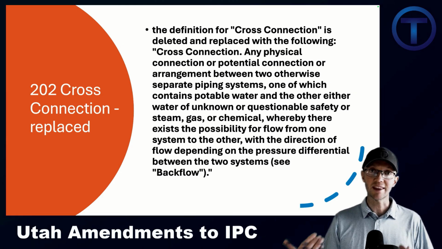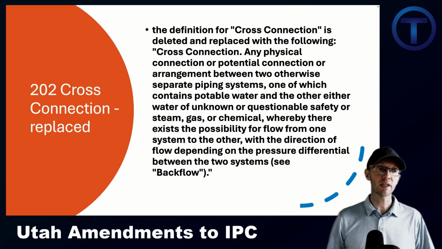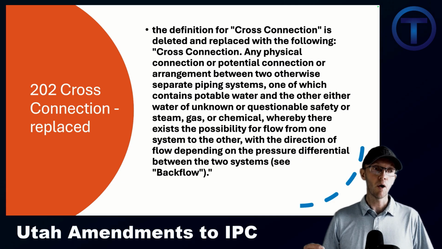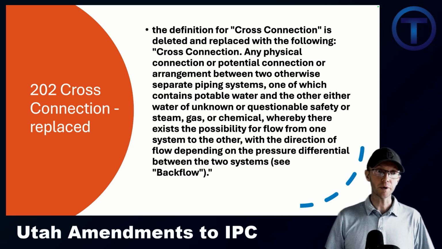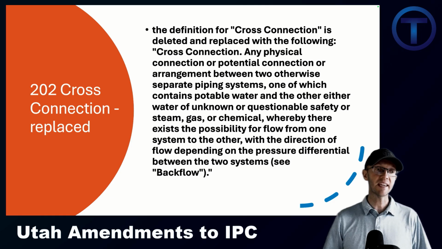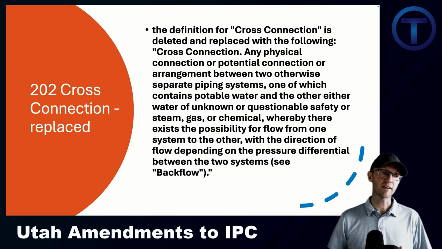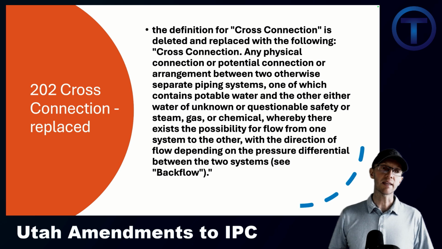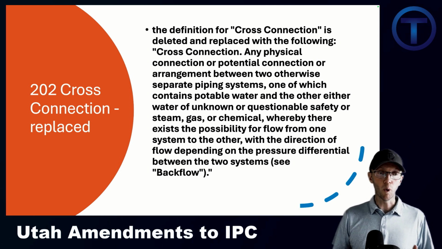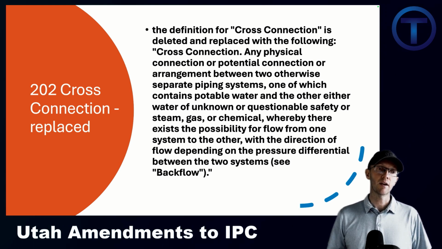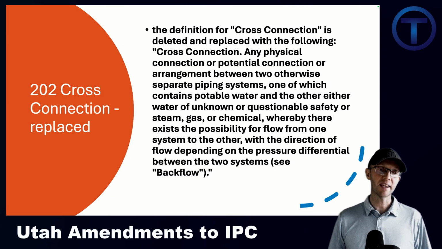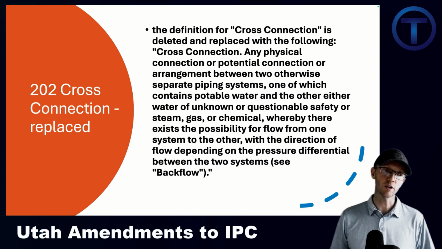The definition that they want in here is any physical connection or potential connection or arrangement between two otherwise separate piping systems, one of which contains potable water and the other either water of unknown or questionable safety, or steam, gas, chemical, whereby there exists the possibility for flow from one system to the other, with the direction of flow depending on the pressure differential between the two systems.